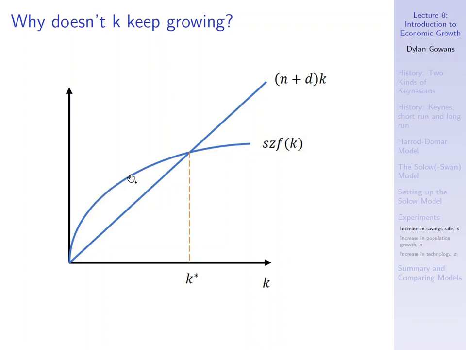The slope of this line is smaller and smaller. As we move along it, the additional savings is smaller and smaller. Whereas this part here is linear, right? The amount we're losing to population growth and depreciation is just increasing linearly in K. And so it's because of this declining marginal product of capital that we're guaranteed a stable equilibrium. We're guaranteed to have these two lines eventually cross.